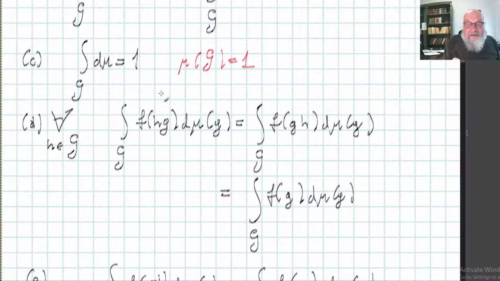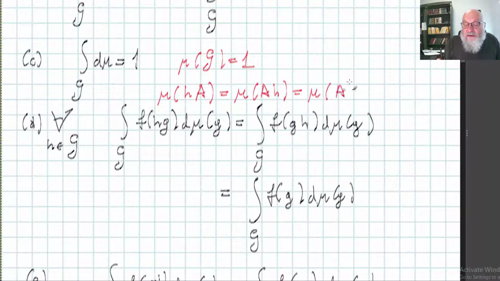And that one is related to the fact that mu of gAh, for any measurable set A, is the same as mu of A. So this gives you property D: the measure is invariant with respect to left and right translations.